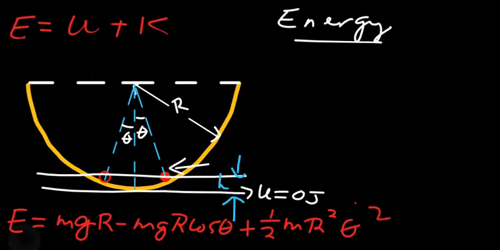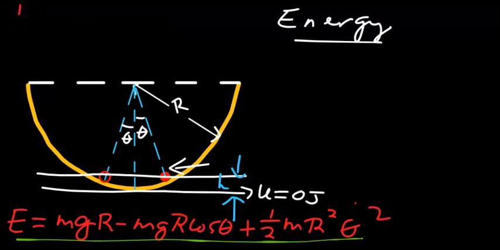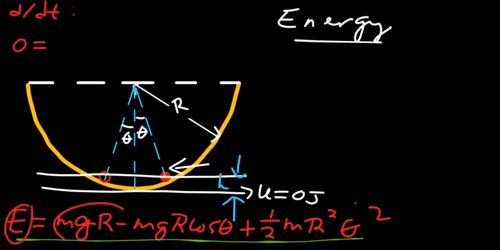Now let's take the time derivative of this entire equation. Since E is constant, its time derivative has got to be 0 because it does not change with time. The total energy of the system is constant. So taking d over dt, the left hand side is 0. This is constant, so that's going to be 0 as well, minus mgr.